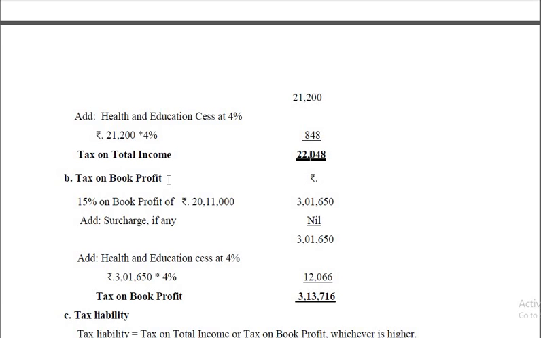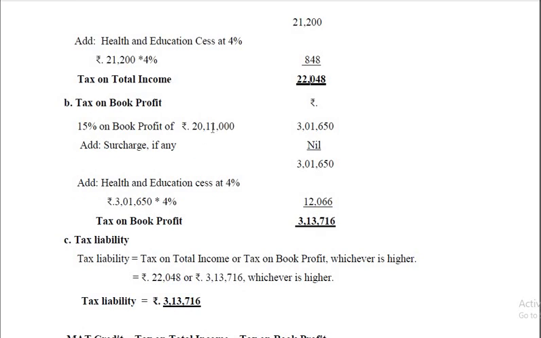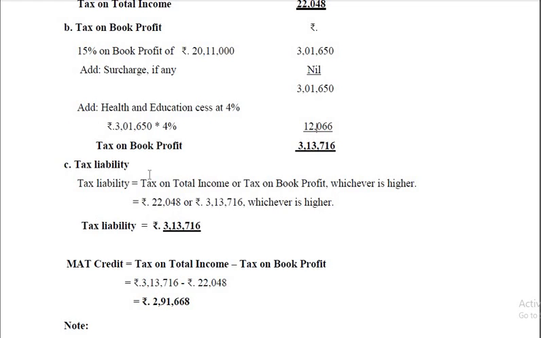Next one, tax on book profit. So book profit is 20 lakh 11,000. On that 15%, straight away it comes to 3 lakh 1,650. Surcharge is not applicable. So 3 lakh 1,650 remains. On that, health and education cess at 4%, that comes to 12,066. As a result, tax on book profit is 3 lakh 13,716.